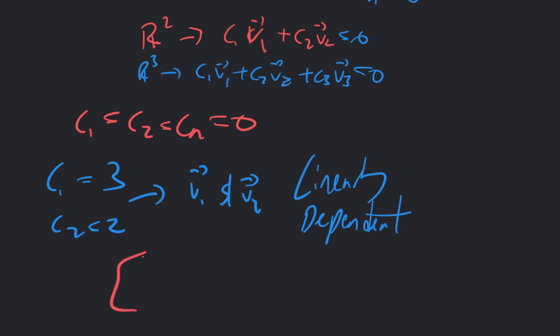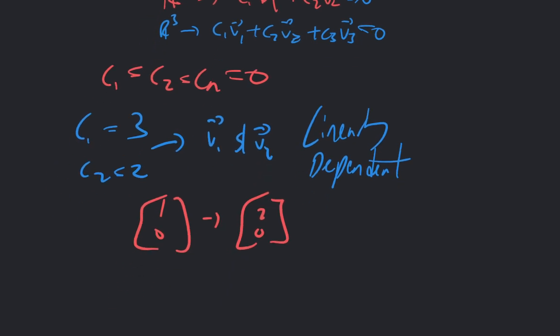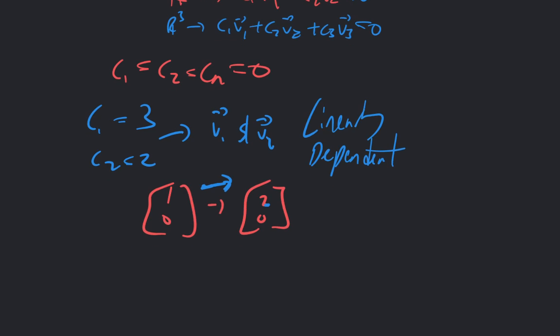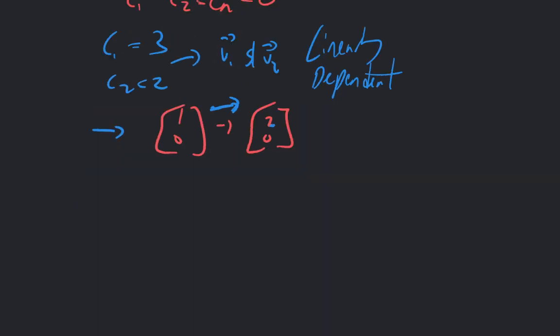For example, if we have (1, 0) and (2, 0), you're just scaling the vector by 2, and you're getting a new vector. Technically they're different vectors, but they're just not linearly independent. So let's say we're in R3 and we have three vectors.